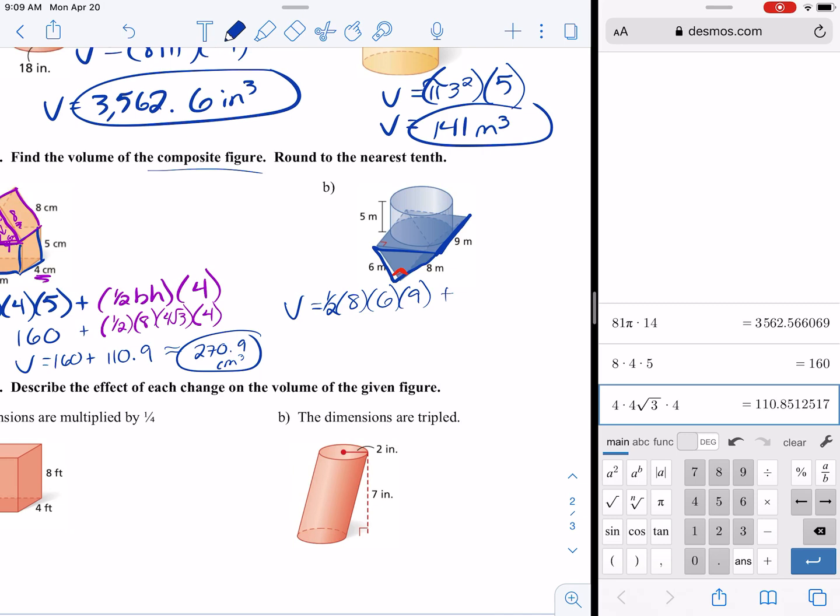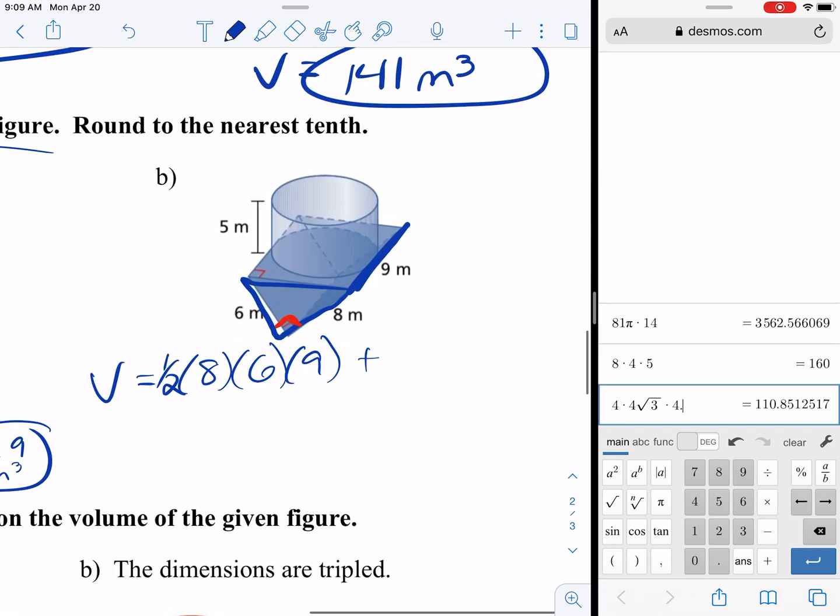and then add the volume of the cylinder, for which we need to know the radius. In order to know the radius, we know if this is 6 and 8, this is a right triangle, so the hypotenuse is a length of 10 because 6 squared plus 8 squared, Pythagorean theorem, gives 100 equals c squared, and we know that 10 squared gets us 100.